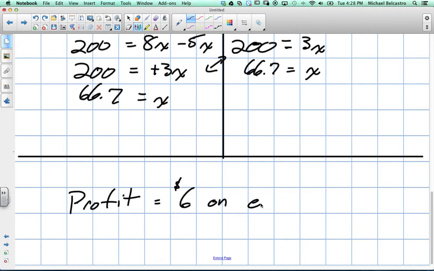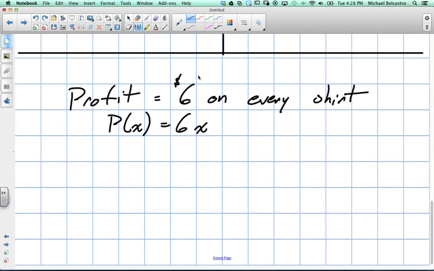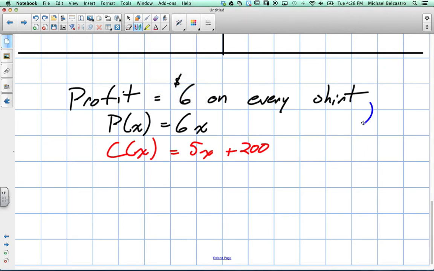So our profit function needs to be equal to 6x. And the company knows our cost function, which we've already developed, is 5x plus 200.